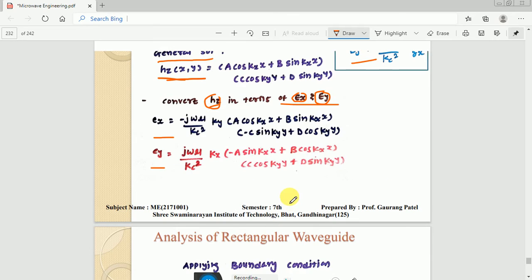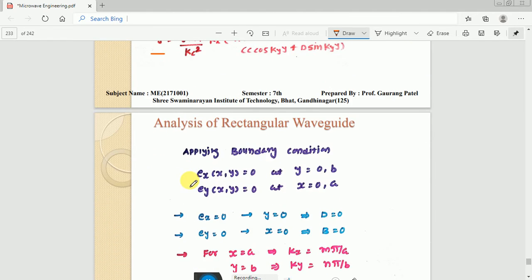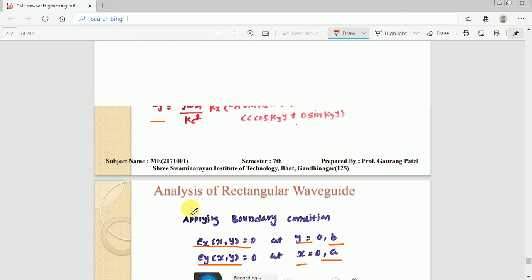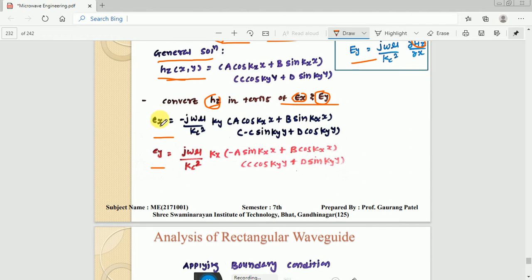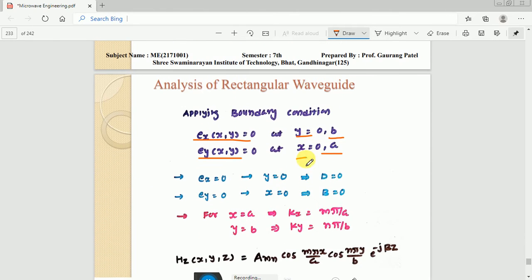Now we apply the boundary conditions on this Ex and Ey. The boundary conditions are: at y is equal to 0 and b, we have Ex equal to 0. At x is equal to 0 and a, we have Ey equal to 0. So if we put Ex equal to 0 at y equal to 0 in this equation, we will get d is equal to 0.